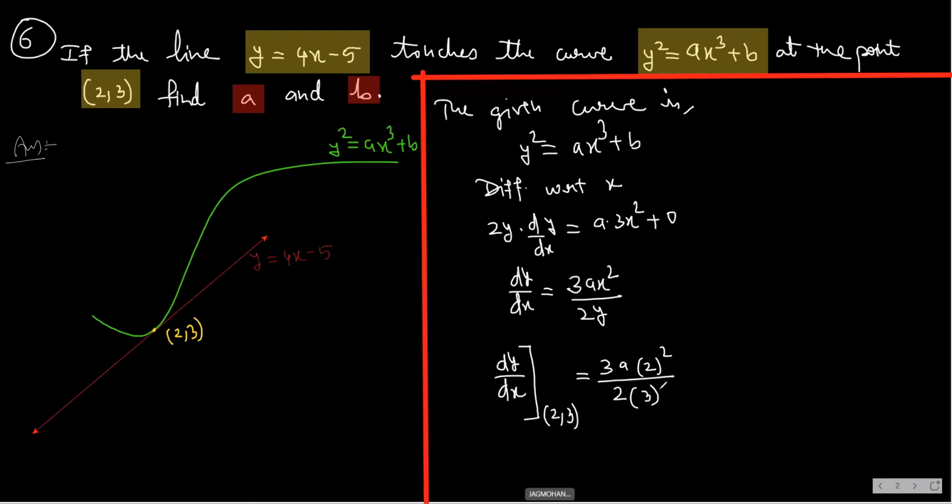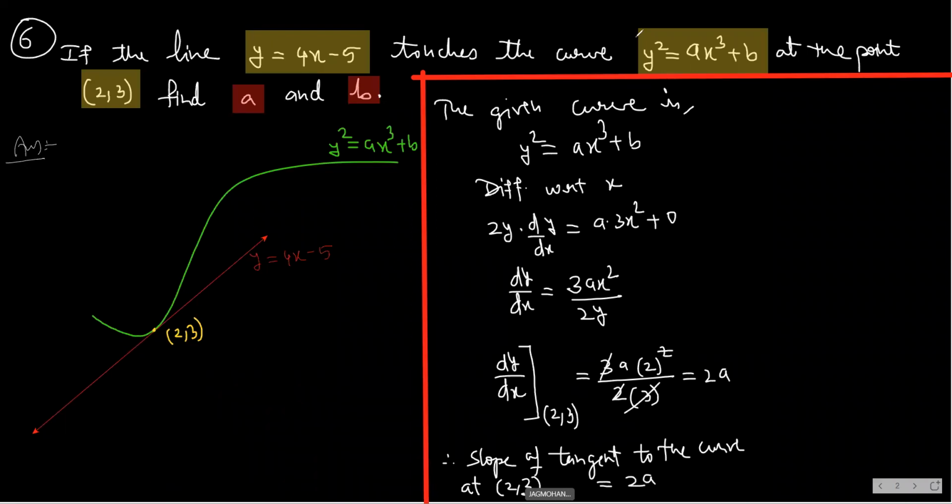This 3 cancels this 3 and this 2 will cancel 1, 2. So I got 2a. And what is this 2a? Therefore, slope of the tangent to the given curve at 2 comma 3 equals 2a.